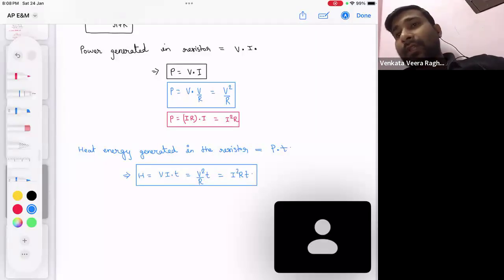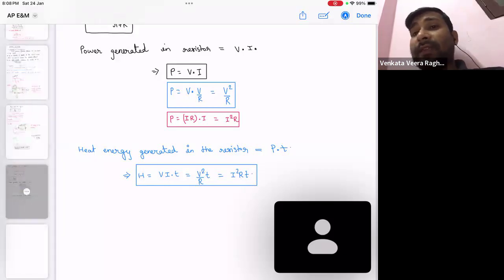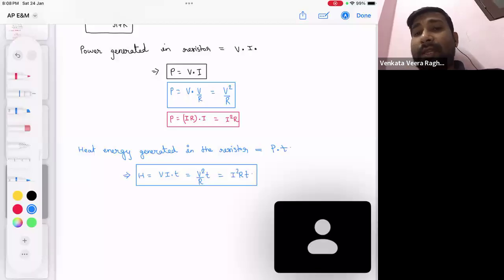So from power, how do we calculate the heat? By multiplying power with the time, we get the heat developed. Understood? But here I am assuming that power is constant, meaning current and voltage are constant, which may not be the case every time. Sometimes the question may give a current flowing in the circuit that is variable.